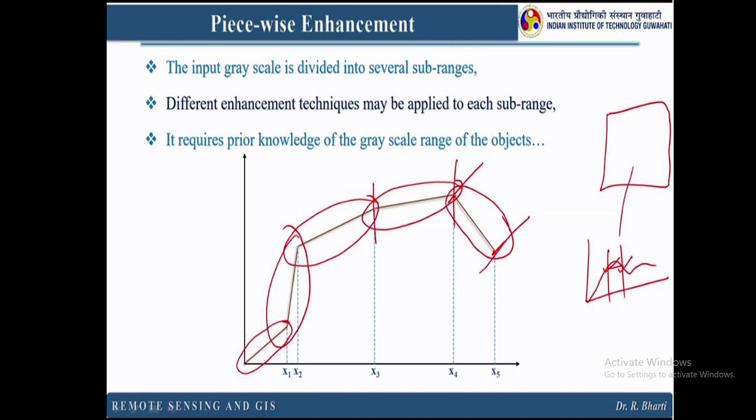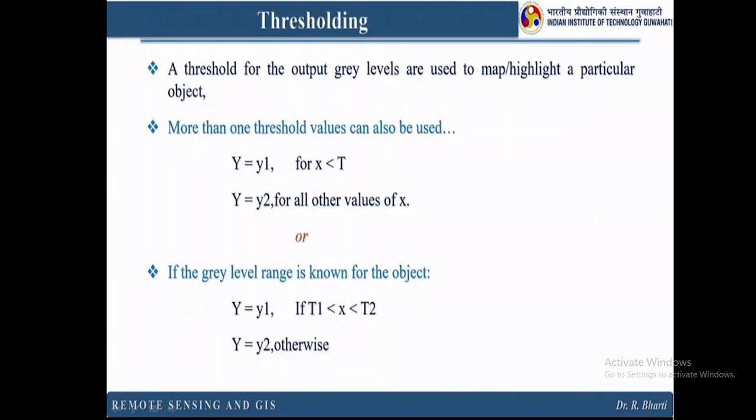In the image, each piecewise grayscale range corresponds to an object: one object is x1 to x2, one object is x2 to x3, one object is x3 to x4, and one object is x4 to x5.